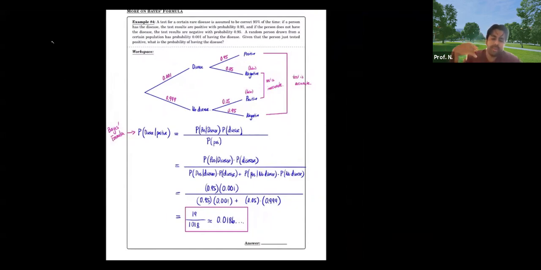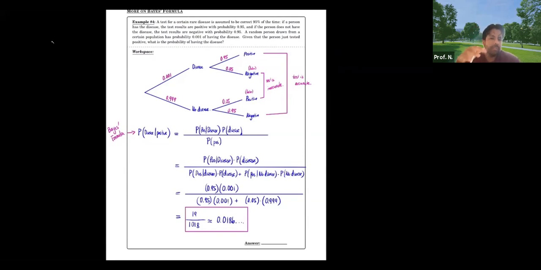I also thought it was much higher, just from an intuitive level, without having to do all this calculation. Given that this test is 95% accurate, you would think the percentage of people that actually have the disease is much higher than 1.8%.